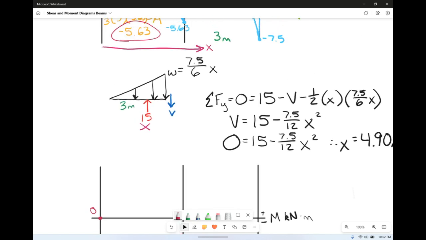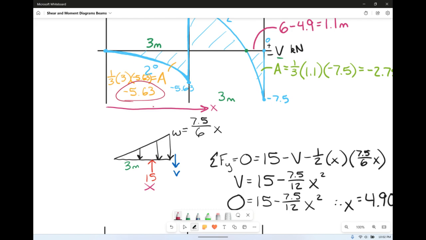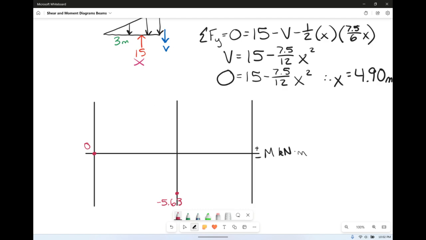Now, because the shear was a 2nd degree curve, we're going to have a 3rd degree curve here. We're starting off pretty small here, getting pretty large over here, and that's a 3rd degree. It looks effectively the same if you draw it correctly.